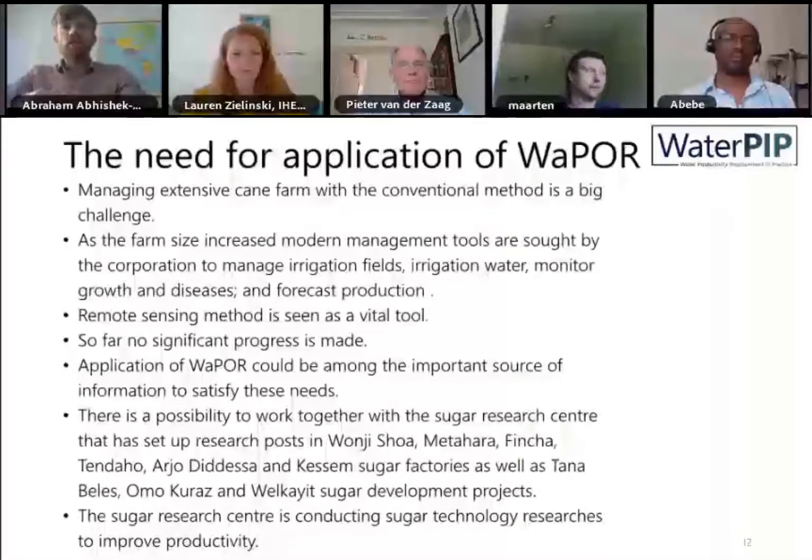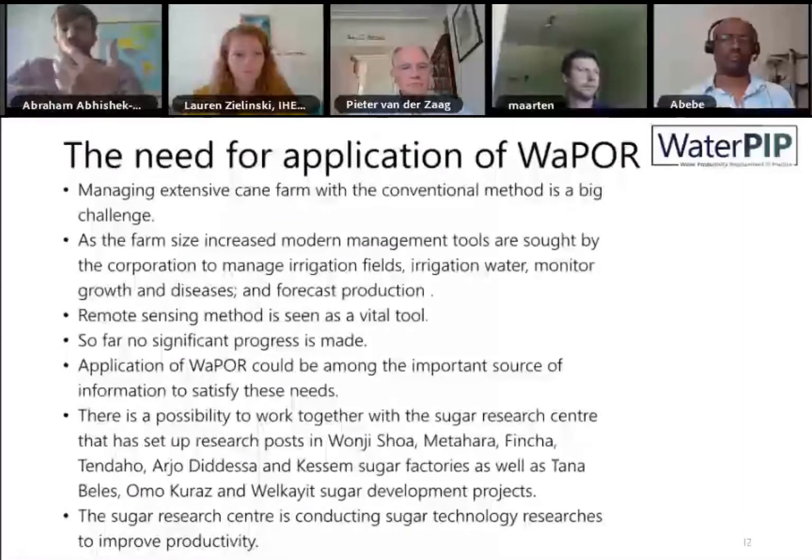As farm size increases, modern management tools are available, and therewith also irrigation in fields is better manageable, and crops can be monitored more appropriately.